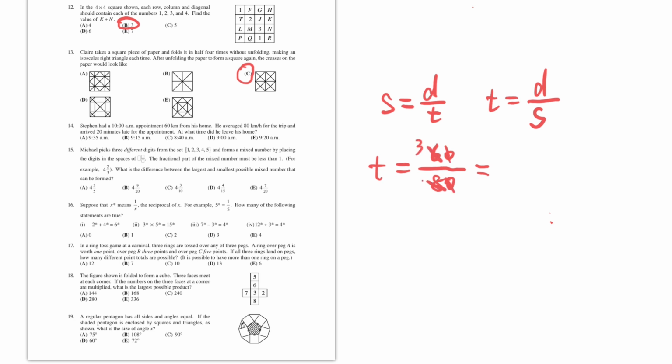That's 3, that's 4. So the time is 3/4 of an hour. That is 45 minutes. He arrived 20 minutes late. That means 10:20 arrival minus 45 minutes. That is 9:35.